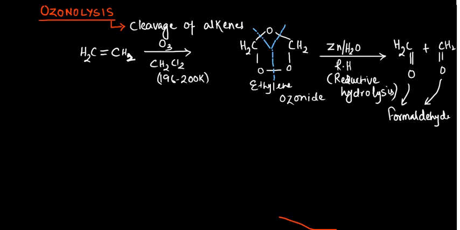Because this was a symmetrical alkene, both sides have the same number of carbon atoms and hydrogen atoms, so definitely it will form the same compounds after ozonolysis. But suppose I do the same ozonolysis with, say, this one.